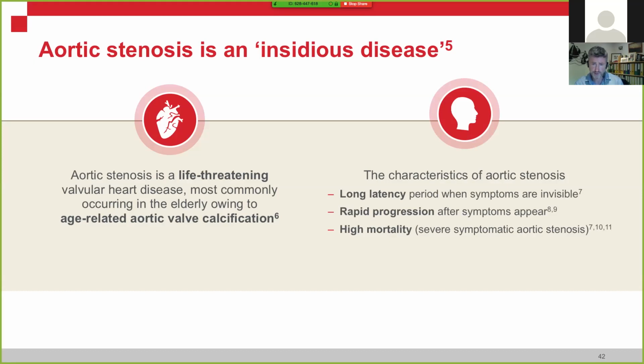Characteristics of aortic stenosis, as I mentioned, are a long latency period, when the patient will be essentially asymptomatic, and relatively rapid progression after symptoms appear. And I'll cover this in a couple of slides' time, but symptoms are so key when we're seeing patients with aortic stenosis. There is high mortality in patients who either aren't put forward or can't have intervention for whatever reason. We know the mortality in this group is exceedingly high. And again, I'll illustrate that in a few slides.